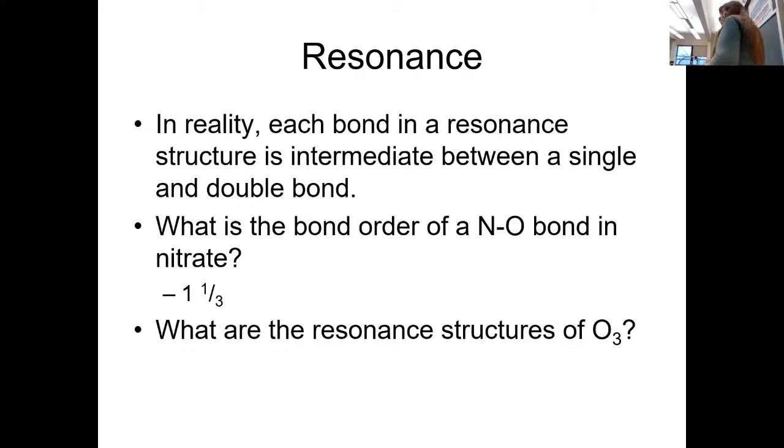What are the resonance structures of ozone? So what I'd like you to do is first try and draw a structure for ozone. Ozone is 3 oxygens, each of which is neutral. So we should have a total of 18 valence electrons.